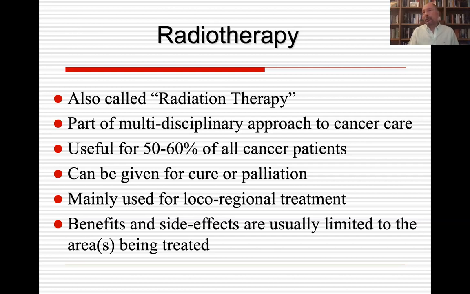It is useful for approximately 50–60% of all cancer patients, but generally a smaller fraction can actually receive it. It is also given for palliation of metastatic patients, not for cure. It is, of course, apart from the combination with immunotherapy, used for local regional treatment, and the benefits and the side effects are limited to the areas being treated.